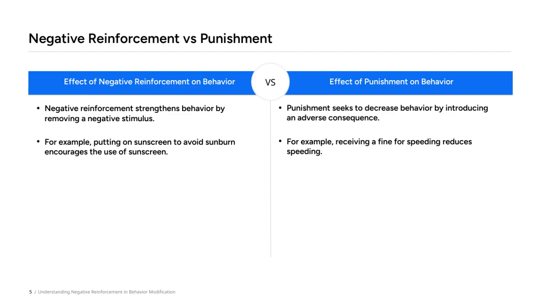On the other hand, punishment aims to reduce or stop a behavior by adding a negative consequence. A common example is getting a fine for speeding, which discourages the behavior of speeding by introducing an adverse outcome. So, while both involve negative elements, negative reinforcement increases a behavior by removing something bad, and punishment decreases a behavior by adding something undesirable.